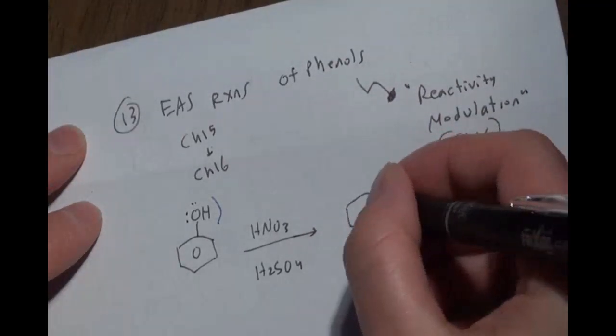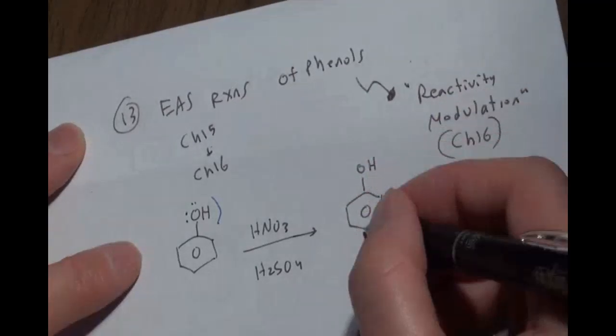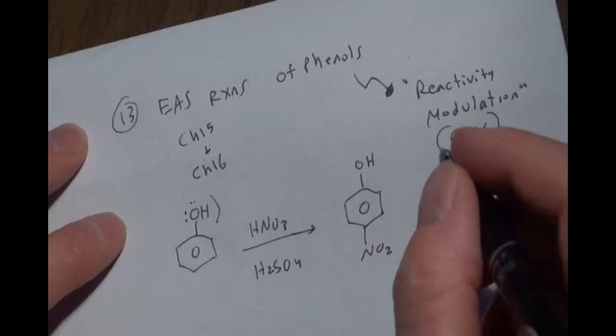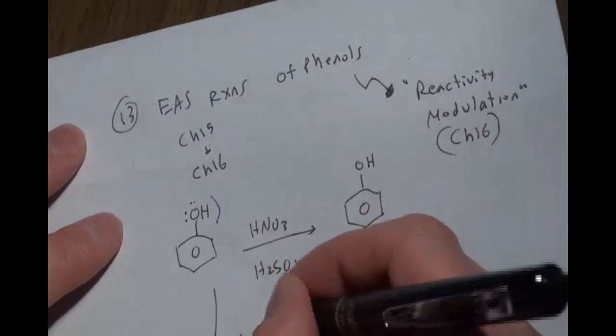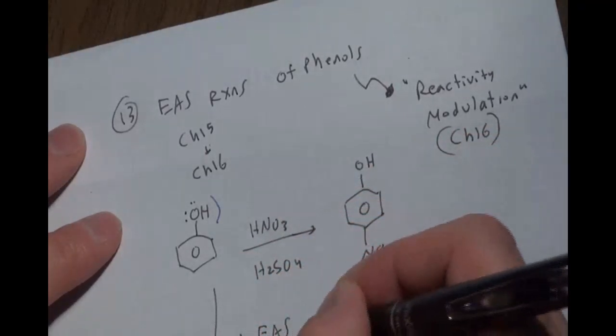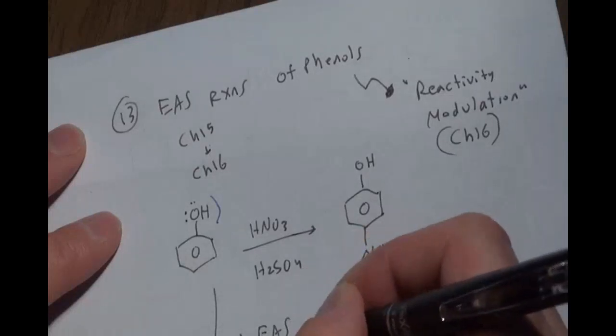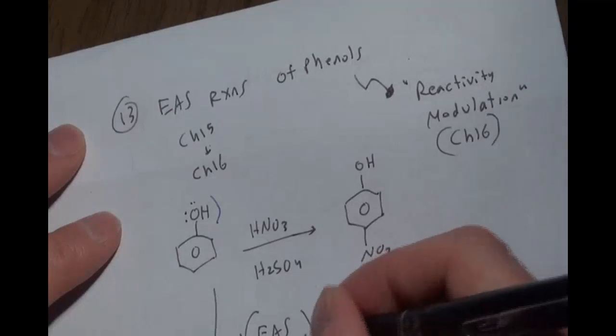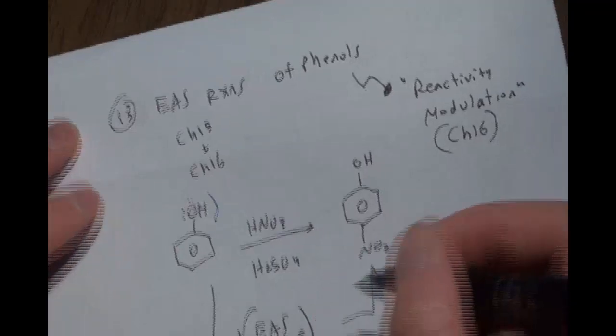So this is a very simple example, NO2, and EAS, chapter 15 or 16, I think. I think 16 is where we talked about ortho-para directors and all that kind of stuff.